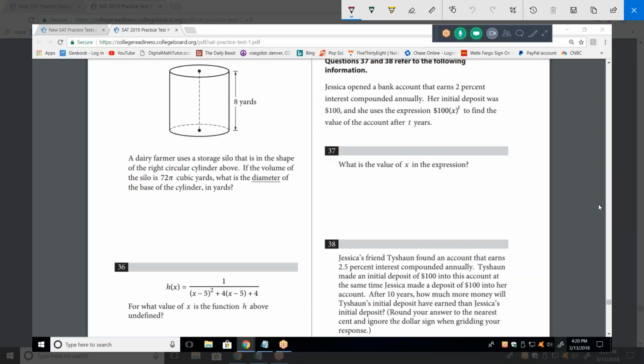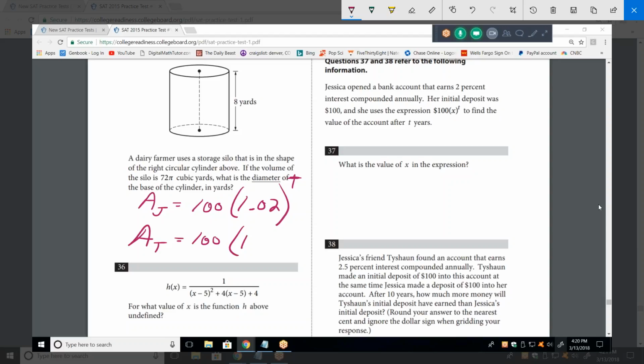Okay, so the amount that Jessica is going to make, we've already figured out that that is $100 times 1.02 to the t power. T being the number of years that she leaves it in there. Her friend, Tyshawn, he took the same $100, but instead of getting 2%, he gets 2.5%.